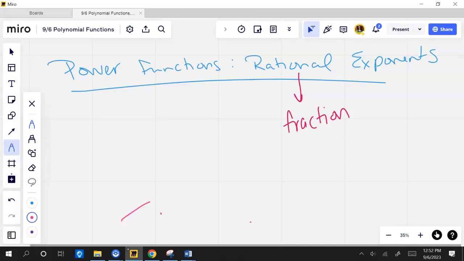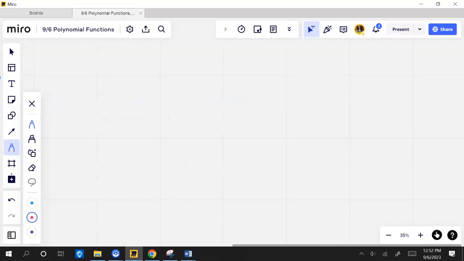Number 4. Let's look at number 4 together, and then we'll come back to this. All right, Wyatt. Wyatt, where does a horizontal shrink or stretch go?